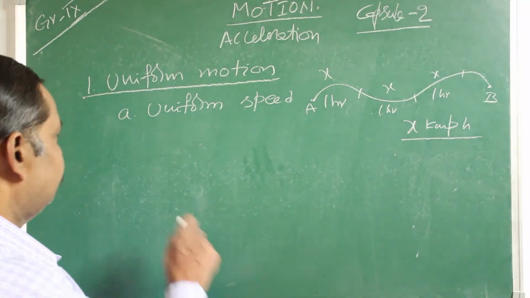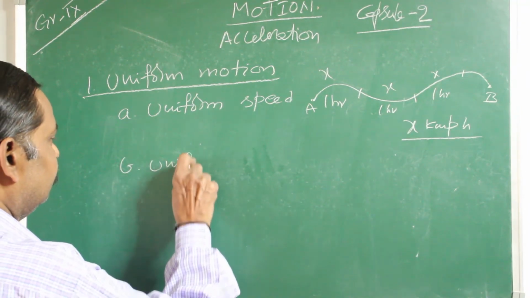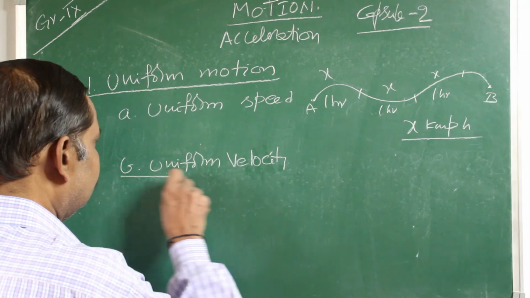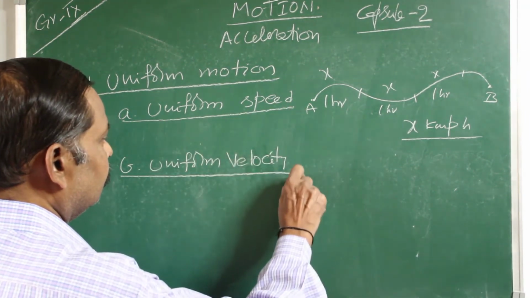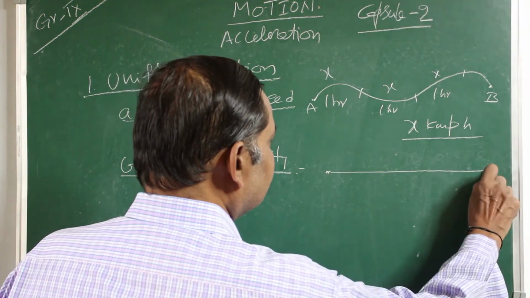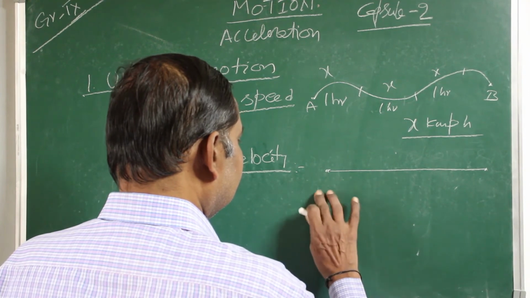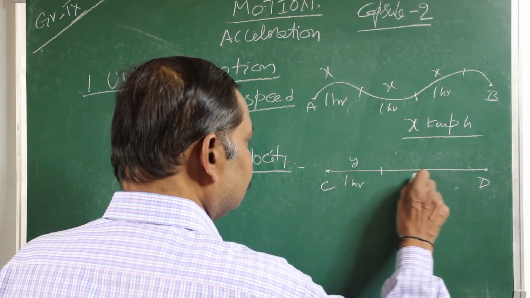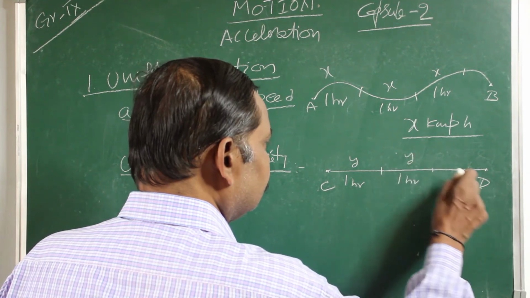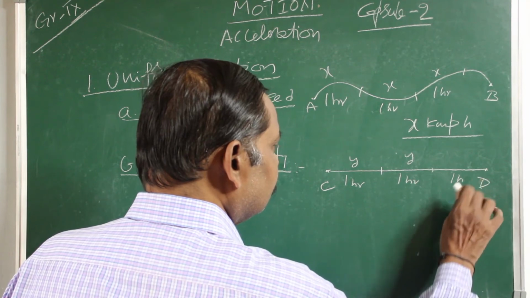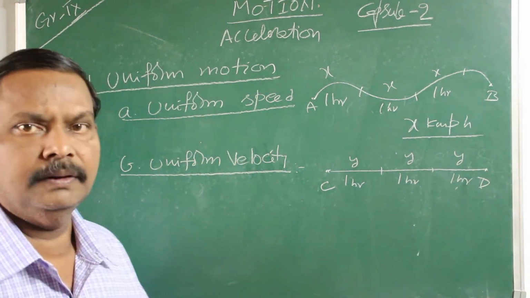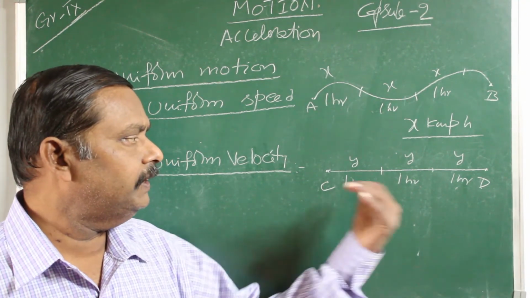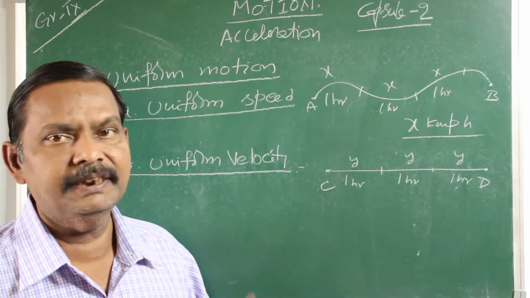Now the second thing is, the body displaced from C to D such that for every 1 hour the displacement is y kilometers.